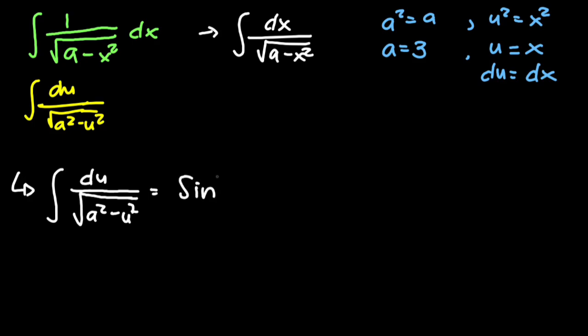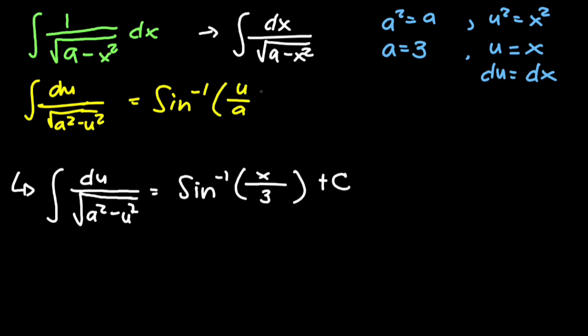The arcsin of u, here x over a, here 3, plus c. In case you forgot your notes, this would be arcsin of u over a plus c, or negative arccosine of u over a plus c.